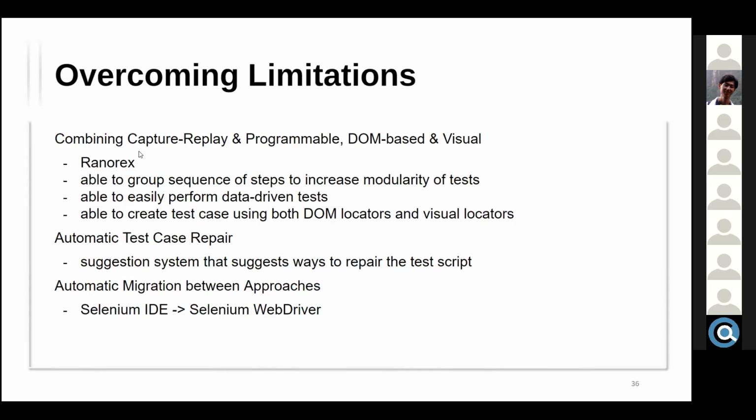It is mainly capture replay, but you can incorporate programmable parts into it. I think you can upload coded scripts into it. Also it modularizes the process. If you make the same sequence of steps for two test cases, it will modularize that sequence of steps so that you just need to fix one of them.